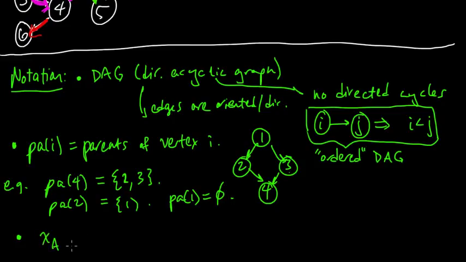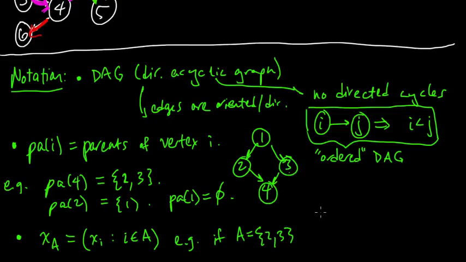If we have a vector x1, x2, up to xn, let's use this notation, x sub A, for a set A of indices, to denote the tuple of x_i such that i is in that set A. For example, if A equals 2 and 3, thinking about this graph here, we would have x1, x2, x3, and x4, and x_A is just the tuple x2, x3.